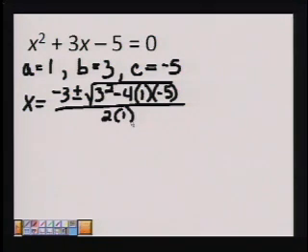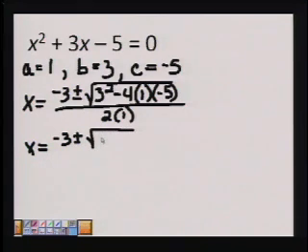We want to start by doing the multiplication and the power inside the square root. So we have negative 3 plus or minus 3 squared is 9, minus 4 times 1 times negative 5 gives us plus 20, and then 2 times 1 is 2.